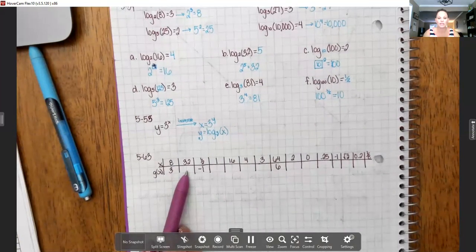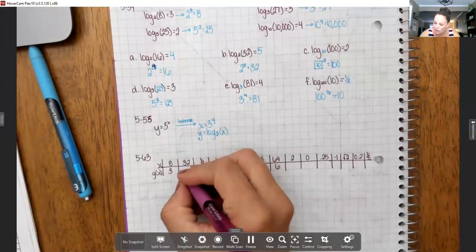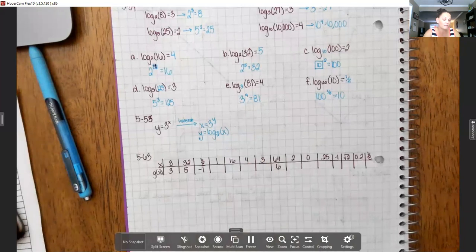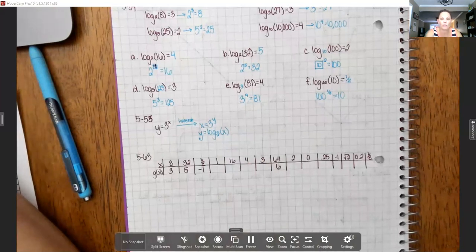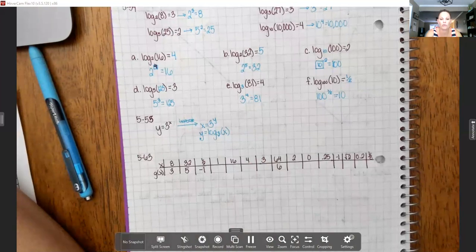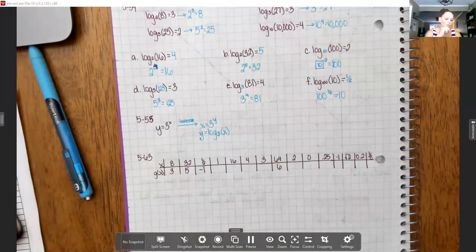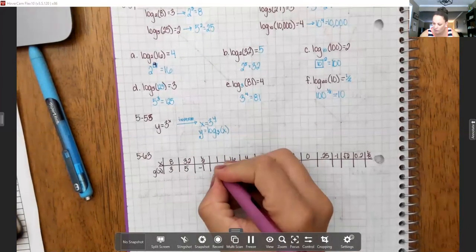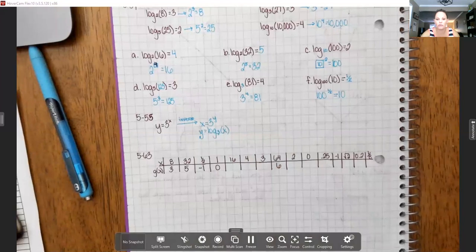So if x is 32, someone just told me y is 5, and that's correct. If x is 1, y is 0.